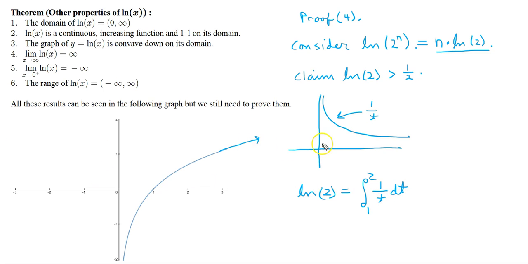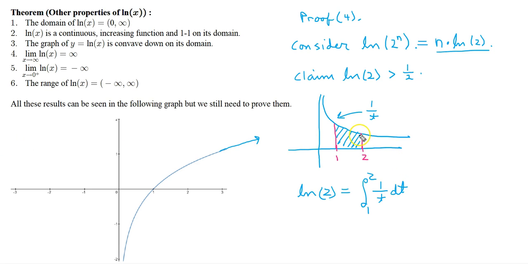So suppose that we have 1 right here and 2 right here on the x-axis. So the natural log of 2 is going to be this area in here.